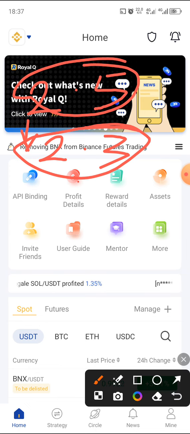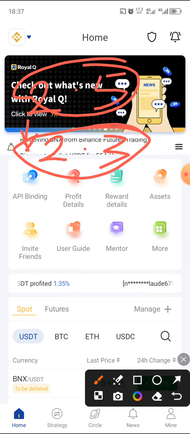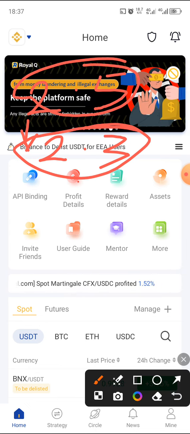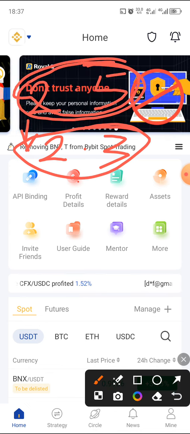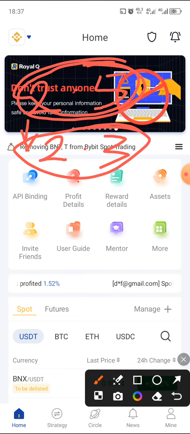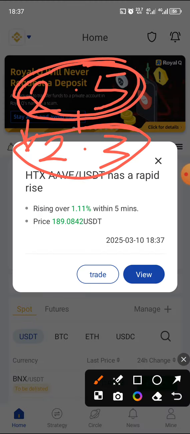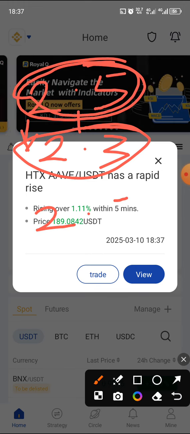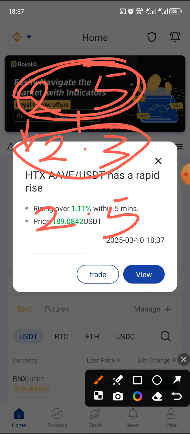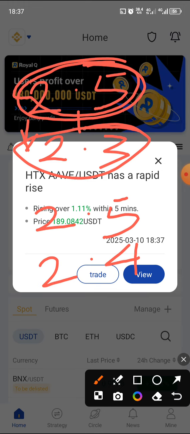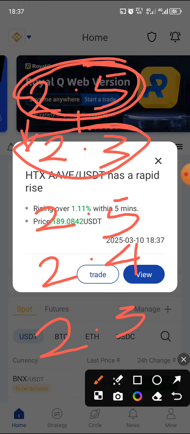Meaning that when you buy more margin calls, this average price at 2.5 will come closer to 2.3. How? You'll end up seeing something like this. From 2.5, which was your average price, closer to 2.4. Remember, your current price is 2.3.